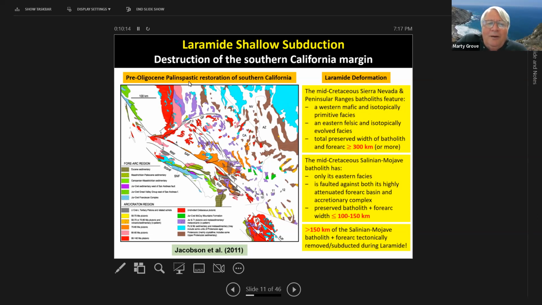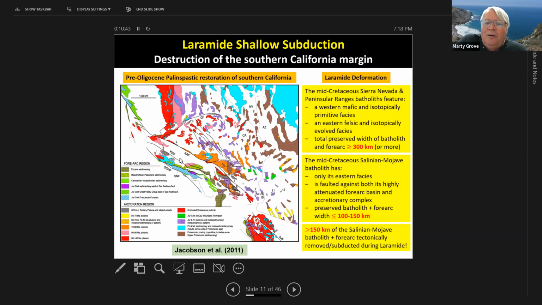So shown here is a pre-Oligocene or pre-San Andreas palinspastic restoration of the Southern California region. And the Laramide deformation has had a significant impact on this region, shown here between the southern Sierra Nevada batholith and the northern part of the Peninsular Ranges.